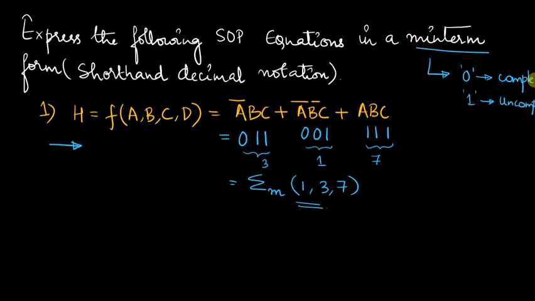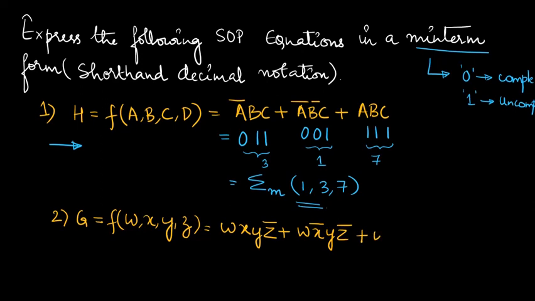Coming to the second example, G is equal to w x y z bar plus w x bar y z bar plus w bar x y z bar plus w bar x bar y z bar.